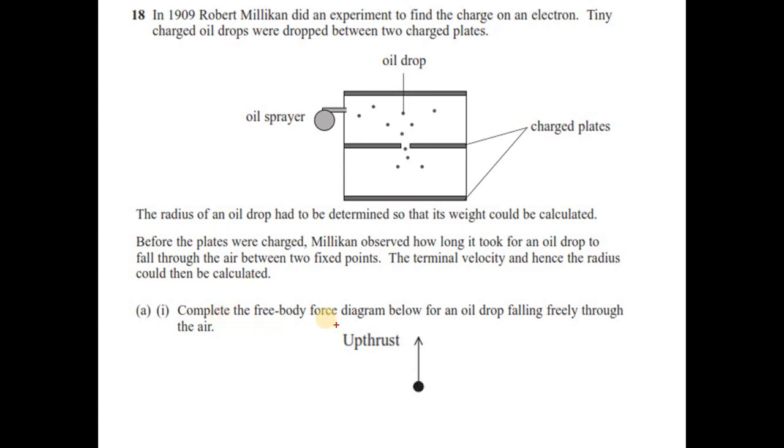Complete the free body force diagram below for an oil drop falling freely through the air. So the oil drop is falling freely. That means if an object falls, the weight acts downward, upthrust acting upward, which is already given. It is falling down, so you have a drag force in the upward direction.